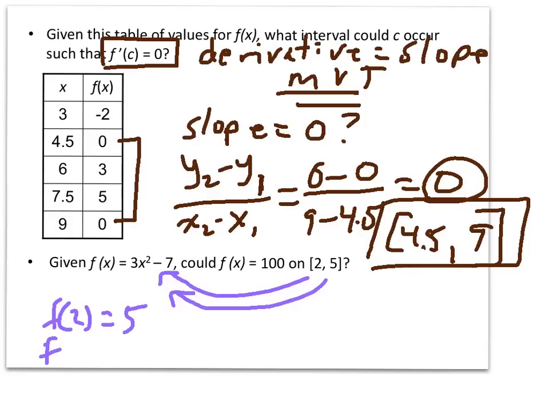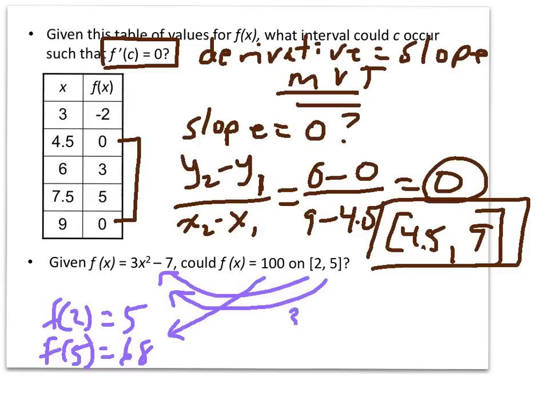And 3 times 5 squared, minus 7, is 68. So f of x will not equal 100, because if you notice, 100 does not come between 5 and 68. So it will not equal 100 between 2 and 5.